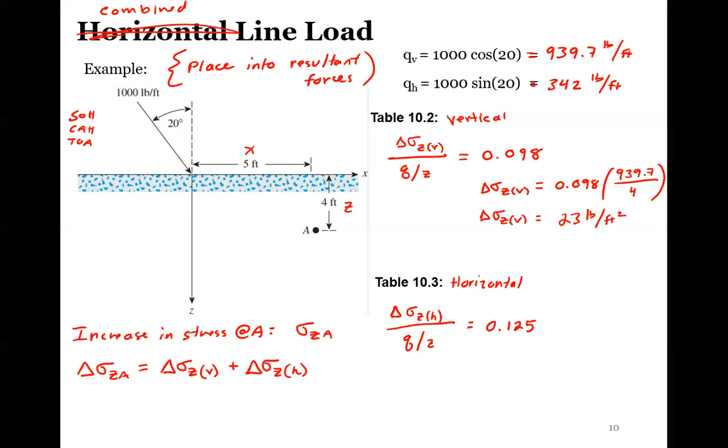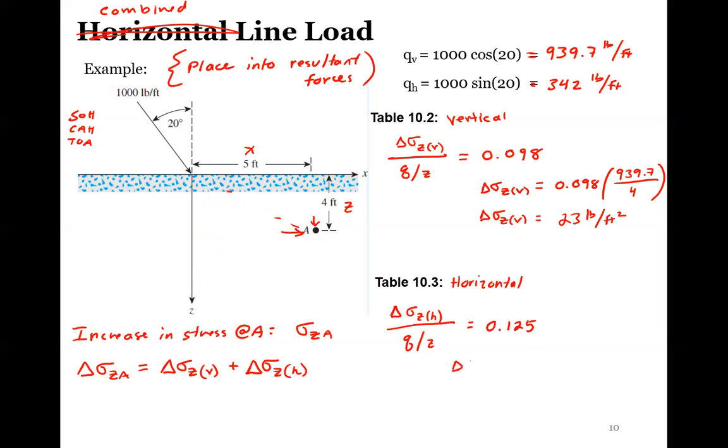Because if we think about it, the horizontal should have a higher influence since our force is being dissipated in that direction. The vertical component, if we think about how far away this point is, is much further than the direction that our horizontal load is being applied to. So we'd have a higher influence value in this case.